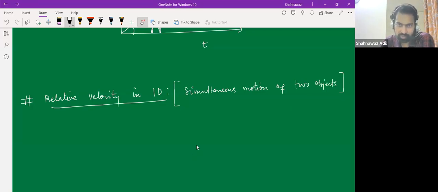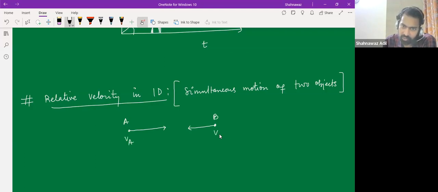One case is that, let's say this is A and it is moving in this direction, and we have B which is moving in this direction. This has velocity A and this has velocity B. Okay, is this clear?